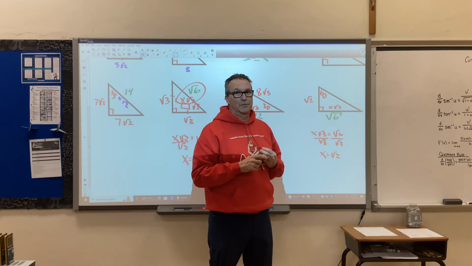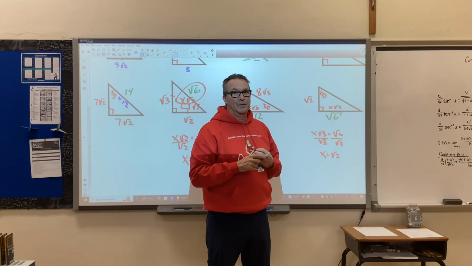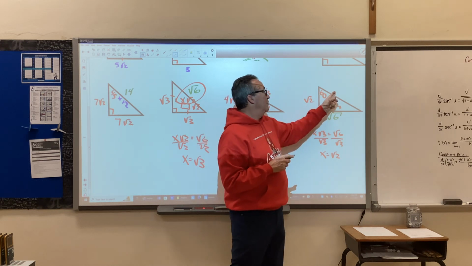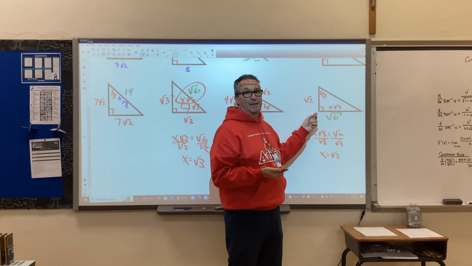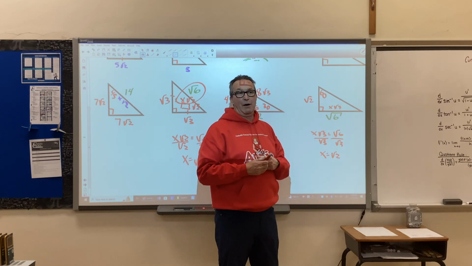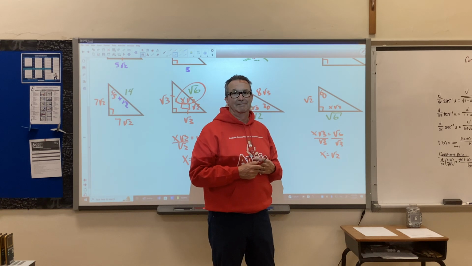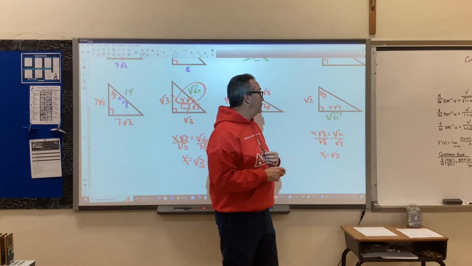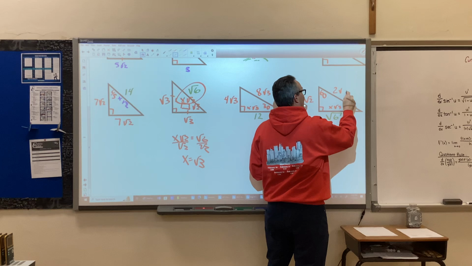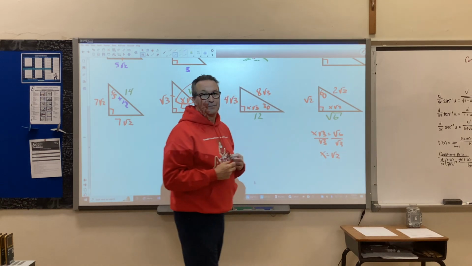Not 2. The way you get the hypotenuse from the shortest side is double it. It's fun to say, square root of 2. 2 square root of 2, yeah, just multiply it by 2. 2 square root of 2. Good.